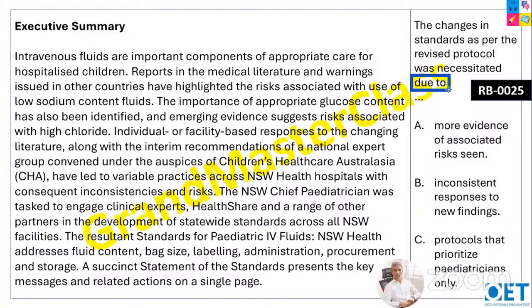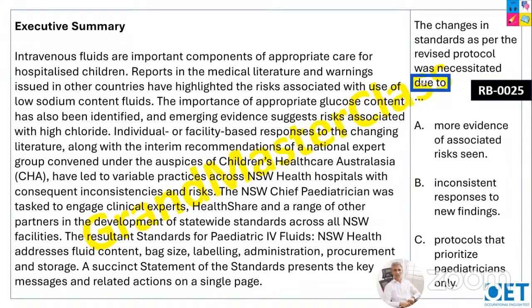Due to means write down because, reason, cause, factor, all this. Due to is a cause and effect. This is a cause and effect. So due to means because of a particular reason. So before word is the effect and this is cause and effect.